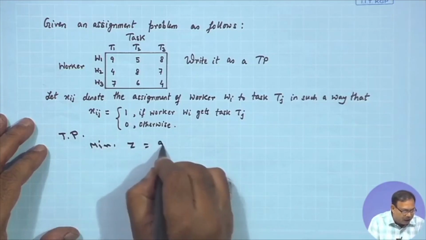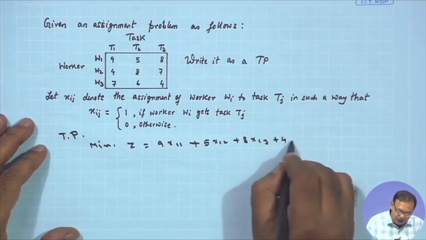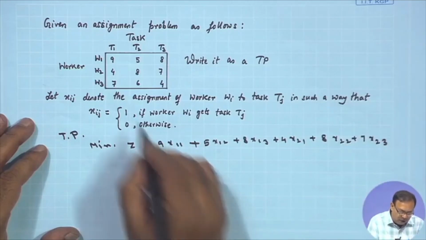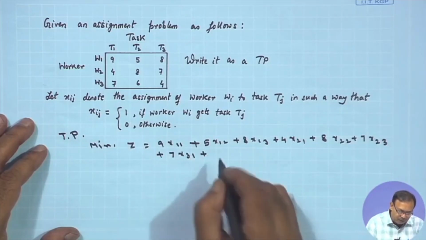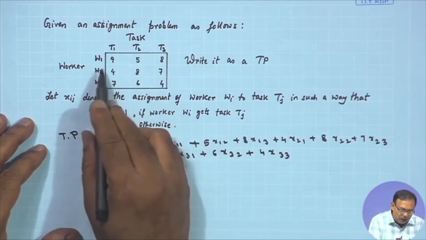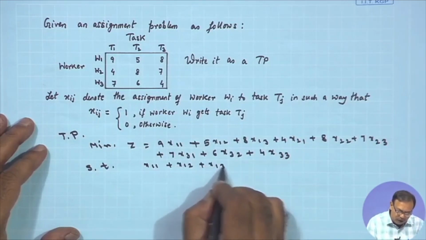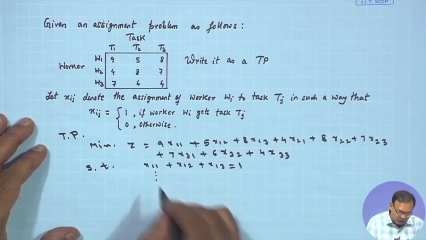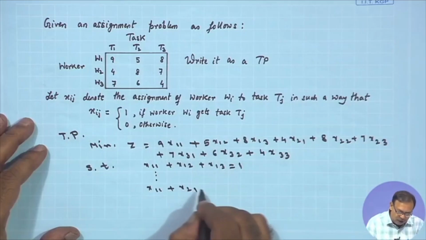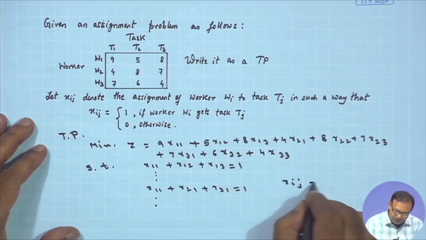Minimize z equals 9x11 plus 5x12 plus 8x13 plus 4x21 plus 8x22 plus 7x23 plus, third row, 7x31 plus 6x32 plus 4x33, subject to: all the availabilities and requirements are equal to 1, that is x11 plus x12 plus x13 equals 1, then x21, x22, x23 equals 1, in this way three constraints, and then column-wise x11 plus x21 plus x31 equals 1, and two more equations, and xij equals 0 or 1.